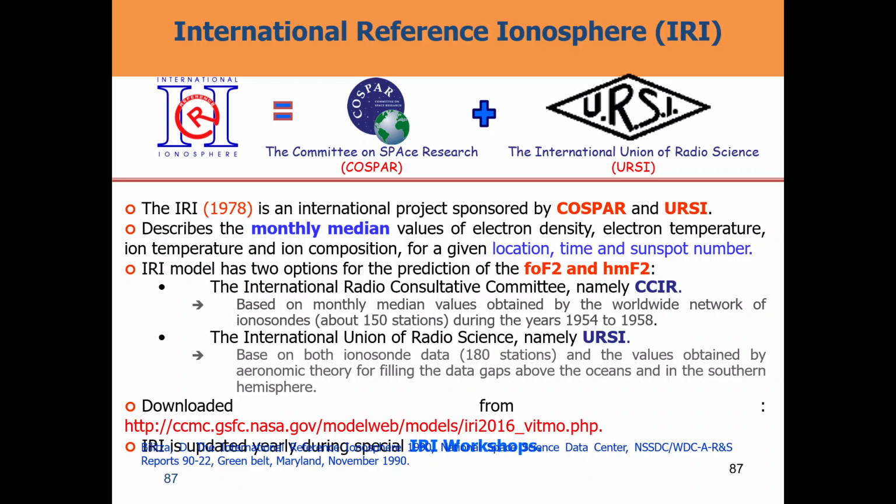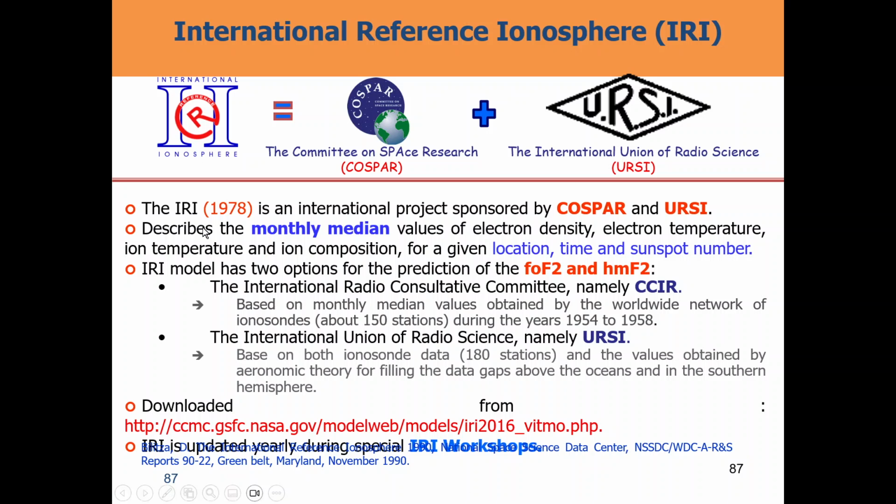Okay, so the IRI model was developed out of the concept that a physics-based model is very important but not sufficient at the time. So the IRI model is based on empirical data, by uniting all the data that we collect all over the globe and then creating a single model to describe different parameters.